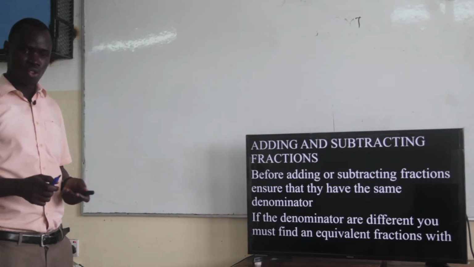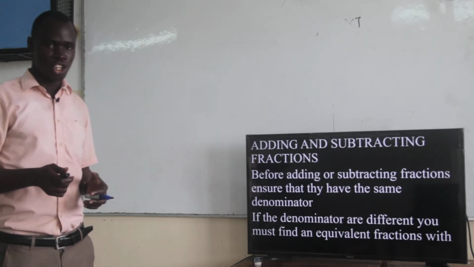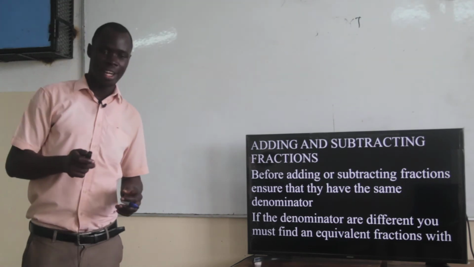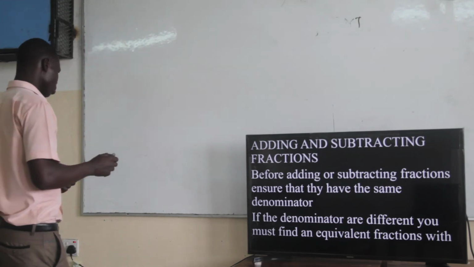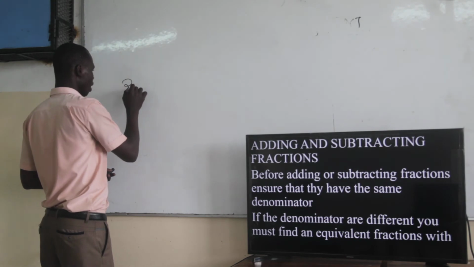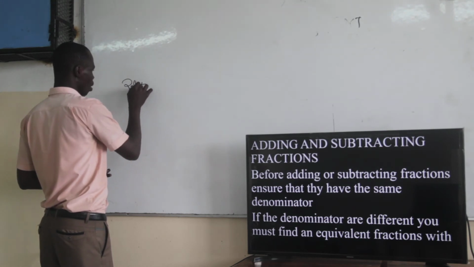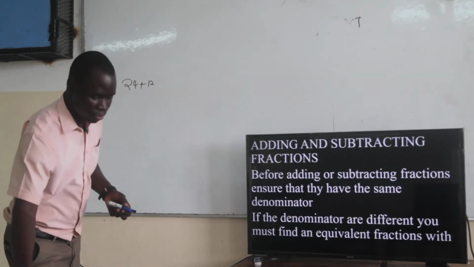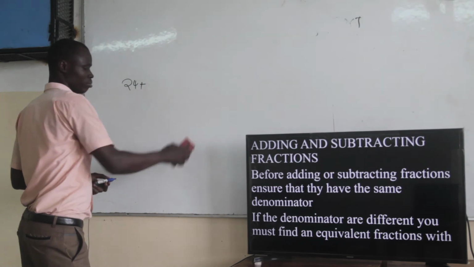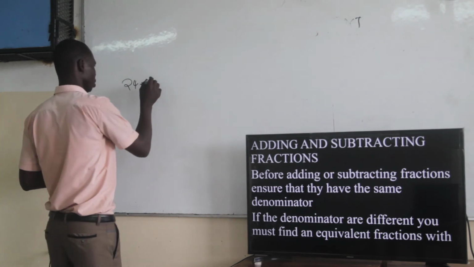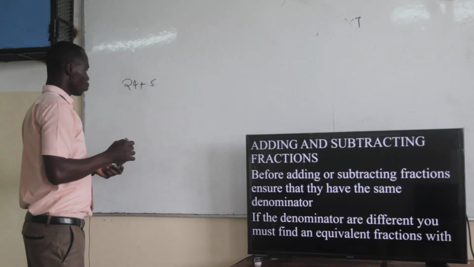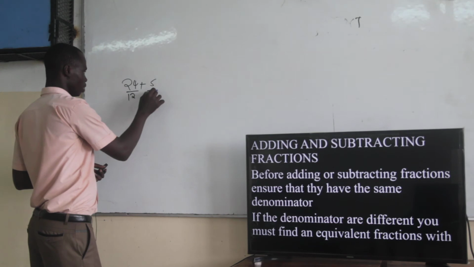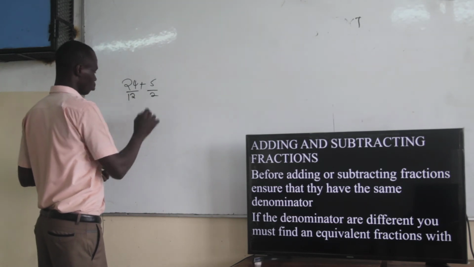Then another thing you have to do when you are working out the denominator is to ensure that you have the common denominator with the least value. For example, we can have 24 over 12 plus 5 over 2.